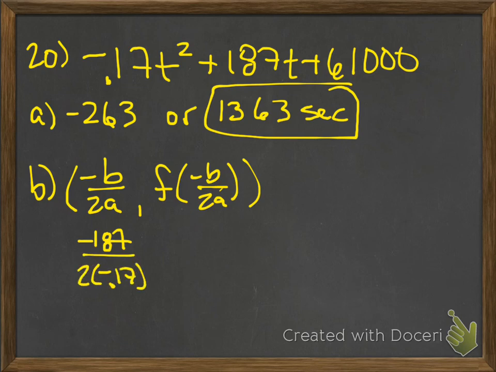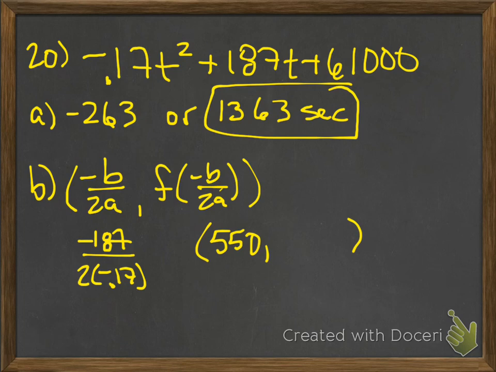Get that? When you do that, you get 550. Now you put that back into the equation. So you're going to say negative 0.17 times 550 squared plus 187 times 550 plus 61,000.